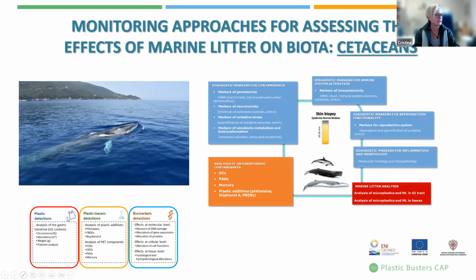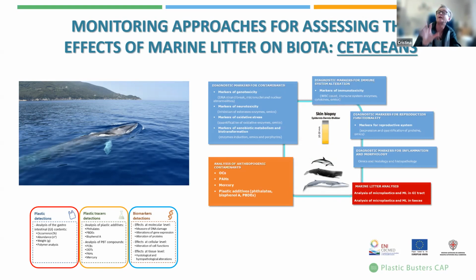Again, we have the three levels: plastic ingestion, plastic traces, biomarkers. Obviously, in this case, you have to work either in stranded organisms or using a very specialized analytical procedure, that is to obtain skin biopsies from the marine organism.